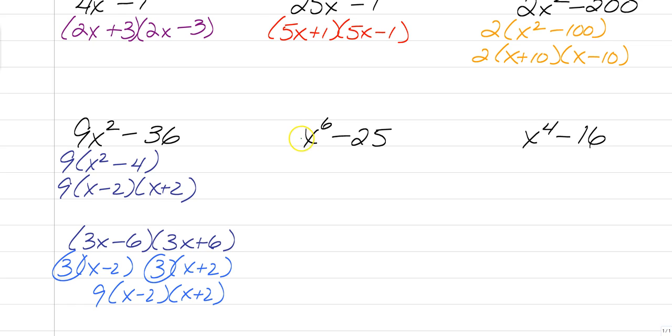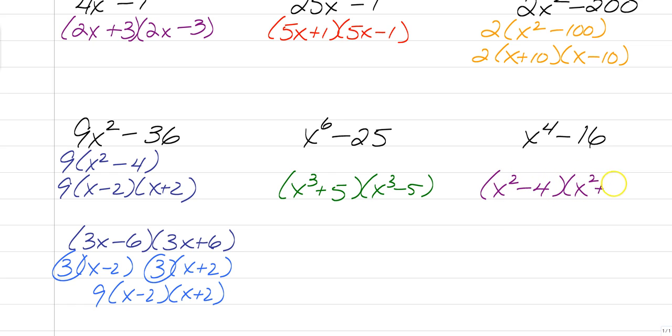Next example, the square root of x to the 6th is x cubed, and the square root of 25 is 5. So you should have had x cubed plus 5 and x cubed minus 5. Again, any even power can be square rooted when we're working with variables. And finally, the last one. The square root of x to the 4th is x squared, so you should have x squared minus 4 and x squared plus 4.